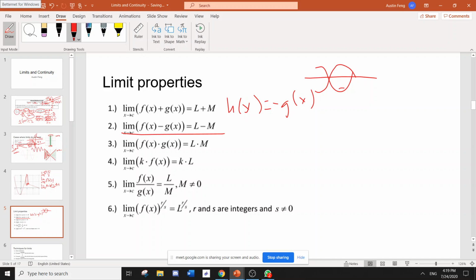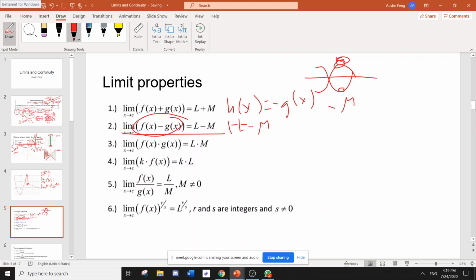Let's say we have a limit over here. The limit of h of x at the same point is going to be negative m. So this is equal to f of x plus h of x, and then it's L plus h, but h is equal to negative m. So that's how we prove this.